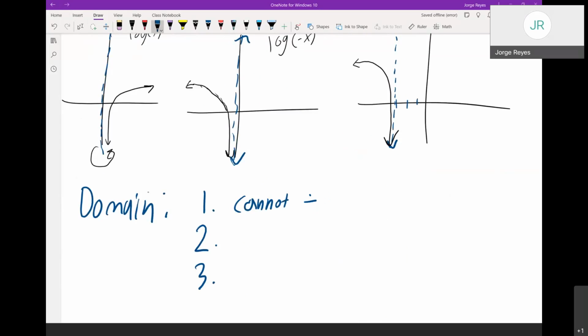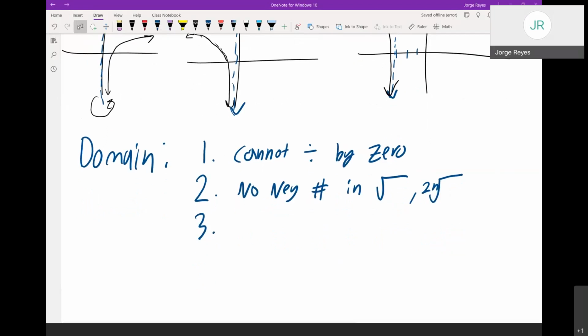The second rule is no negative numbers in even roots. We know that we get complex numbers, but when we're graphing and doing all of these things, they're still not in the real domain.